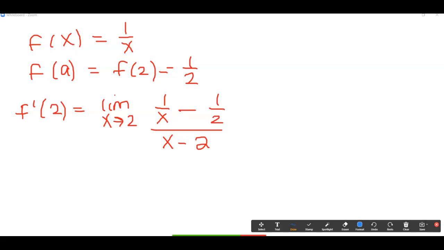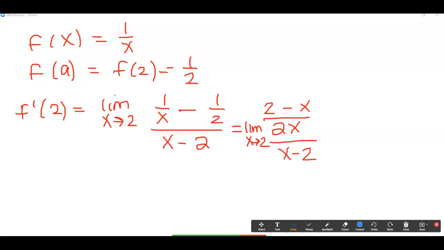And then since this is fractions and fractions, we need to get a common denominator. So our common denominator will be 2x. So you're going to get 2 minus x all over 2x, all over x minus 2.